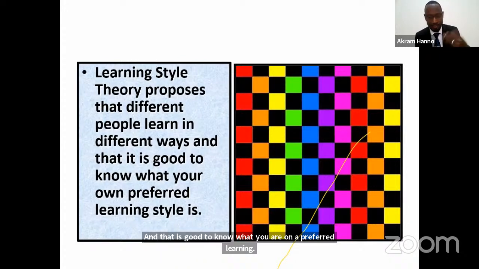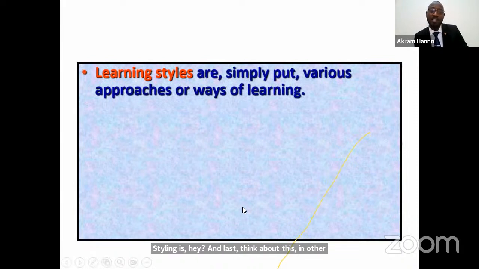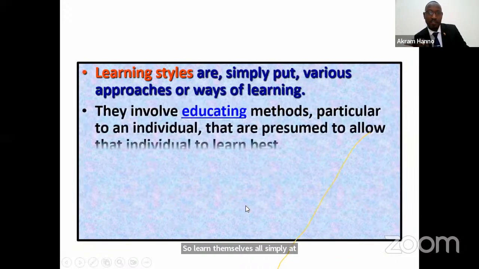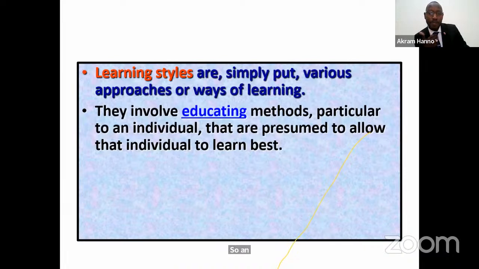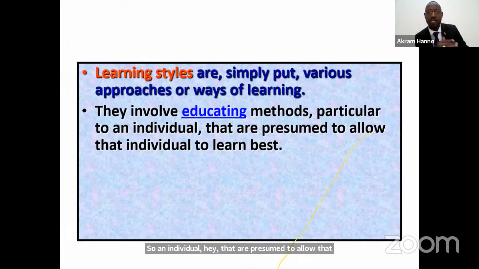Let's think about this in another way. Learning styles are simply put various approaches or ways of learning. They involve educating methods particular to an individual that are presumed to allow that individual to learn best. So this will be the best way for them to learn.